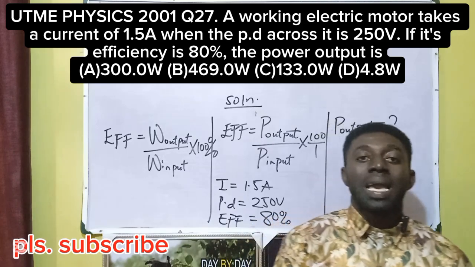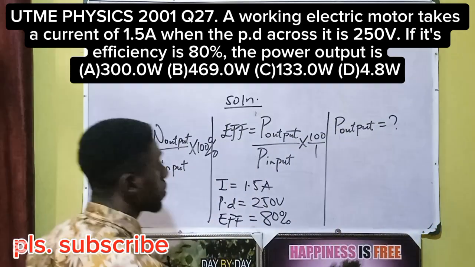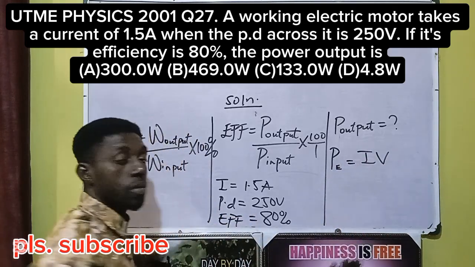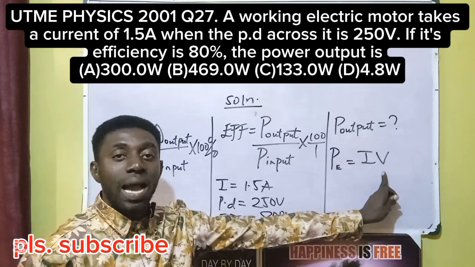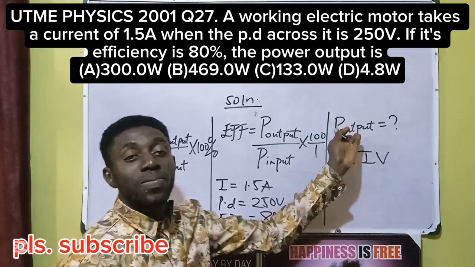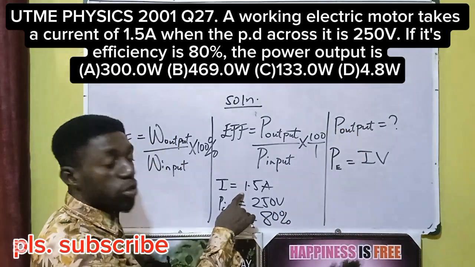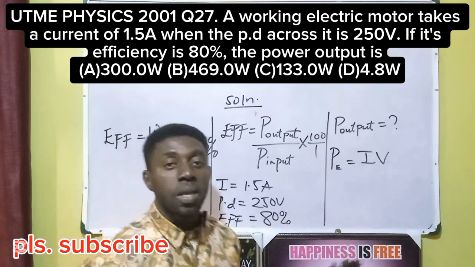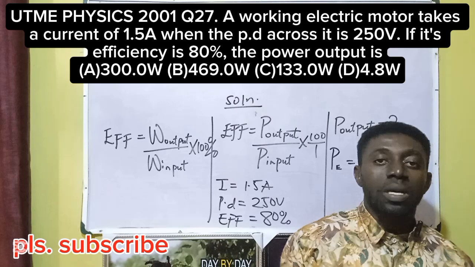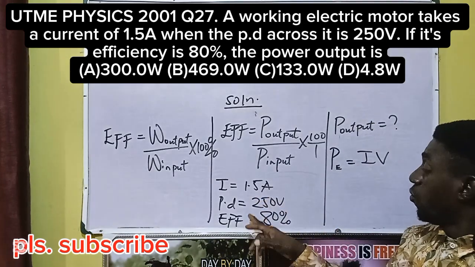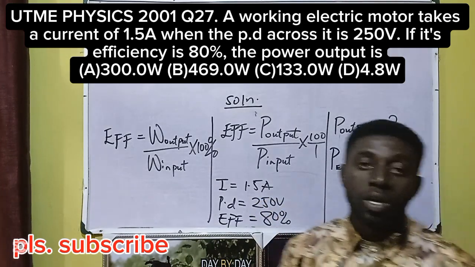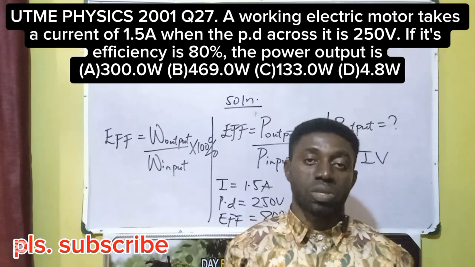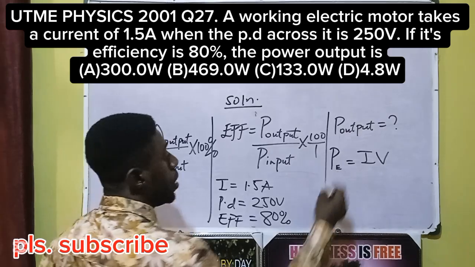Power in the world of electricity is given as IV. If the question is demanding for power output, that means the current and the voltage we have here represent power input. The electric motor absorbed a current of 1.5 ampere and a voltage of 250 volts. So when we multiply our current and the PD, we'll be getting our power input.